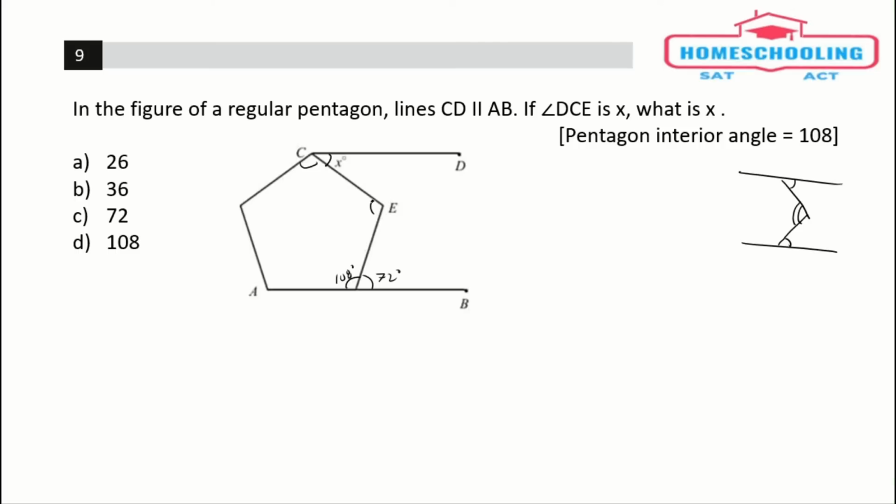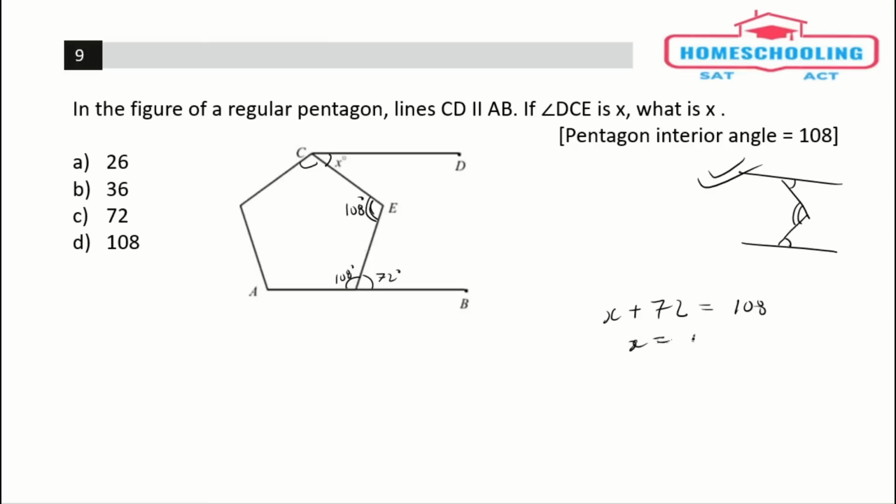and this middle angle is 108 degree, and we have read that the sum of these two angles would be equal to this angle. From this diagram, as we have read earlier, the sum of these two angles, x plus 72, would be equal to this central angle, that is 108.